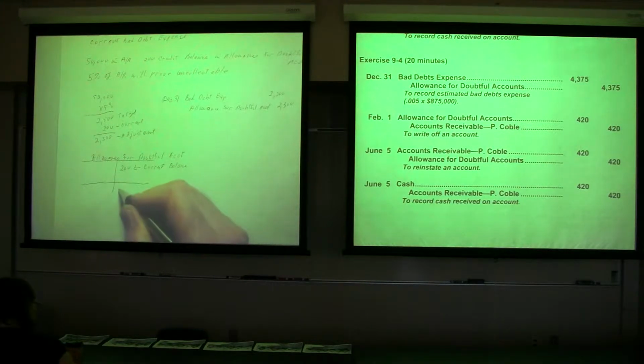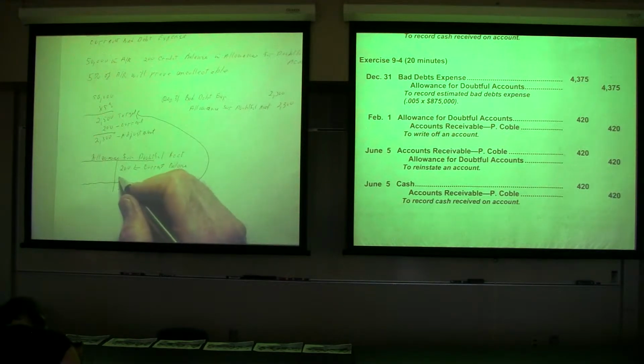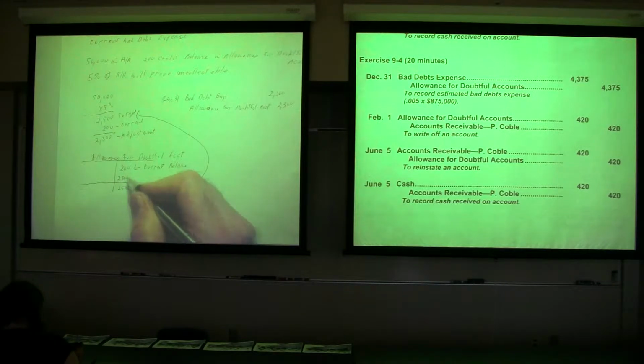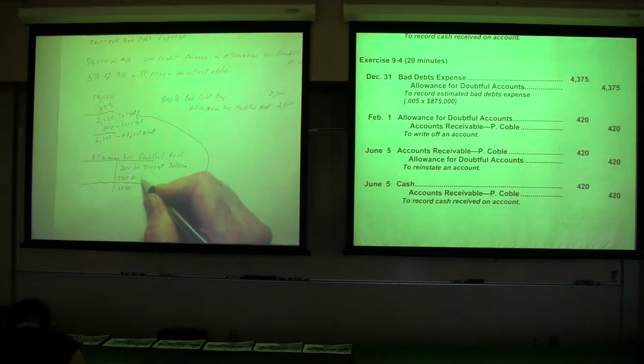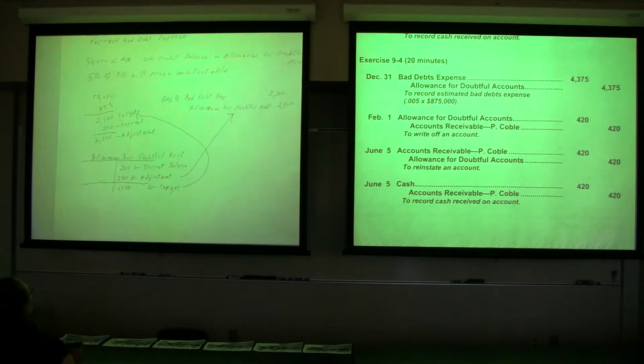You want a target of 2,500. And here's where you got that target. Okay? That means you need a $2,300 credit adjustment. And that 2,300 is the amount of bad debt you're incurring.